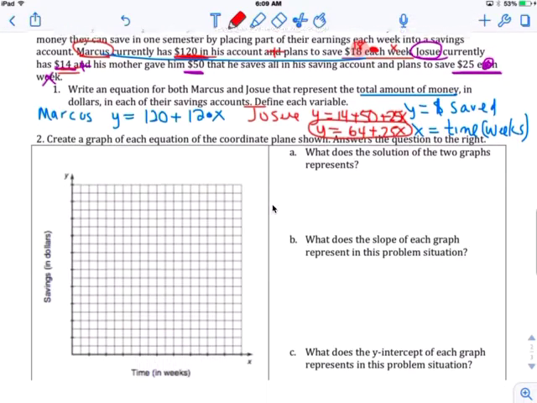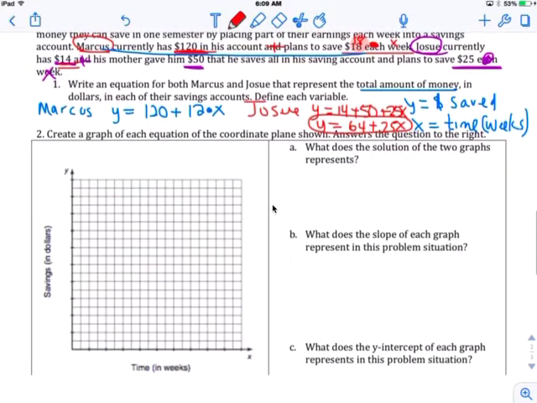Create a graph for each equation on the coordinate plane shown. What does the solution of the graph represent? Because these numbers are huge, it's hard to graph.